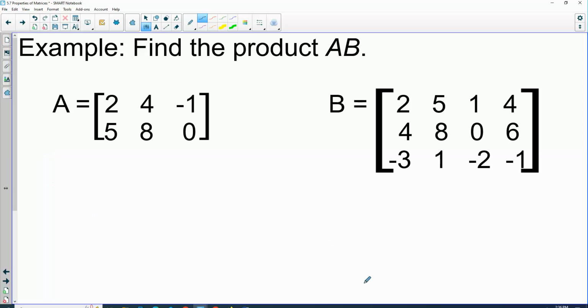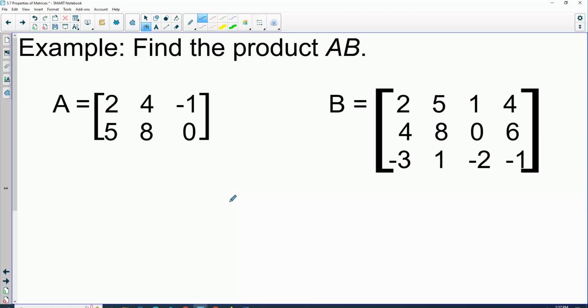So we are going to do A times B. First, let's make sure we can multiply.